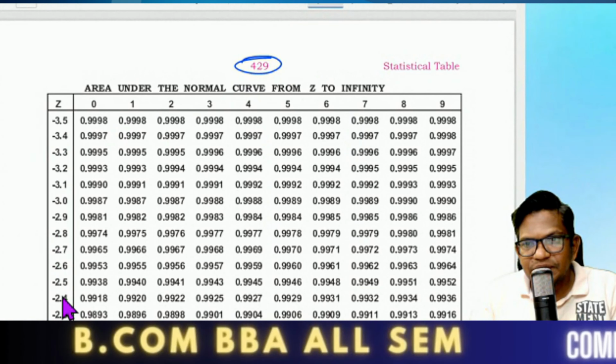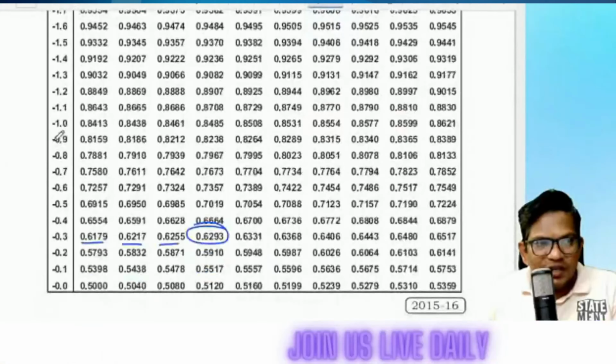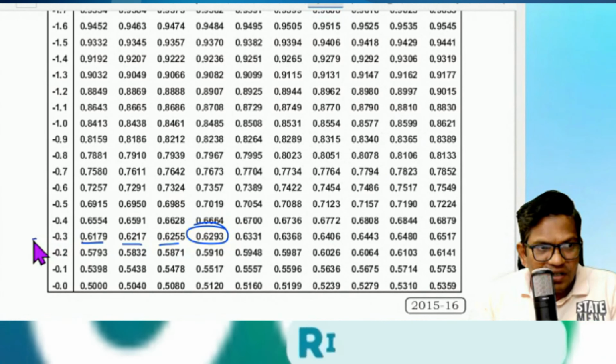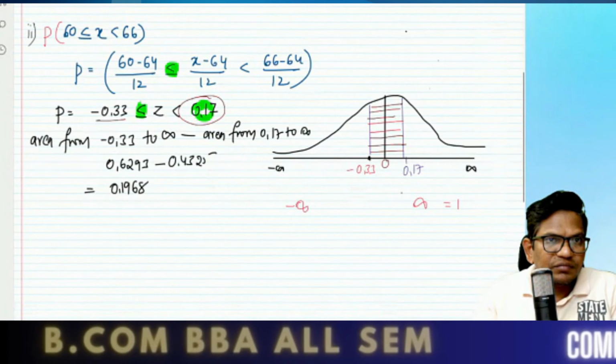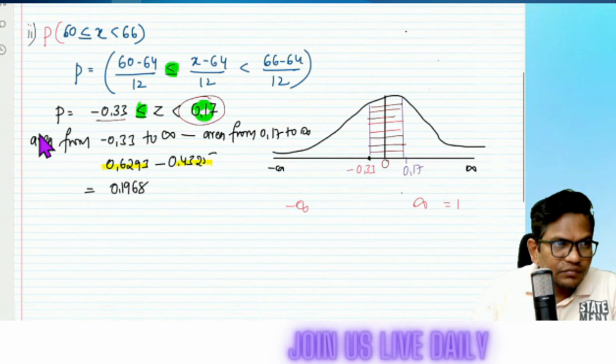Just go down. Minus 0.33, so 0.3, and this is the number. So from this to this, just subtract it. Understood?